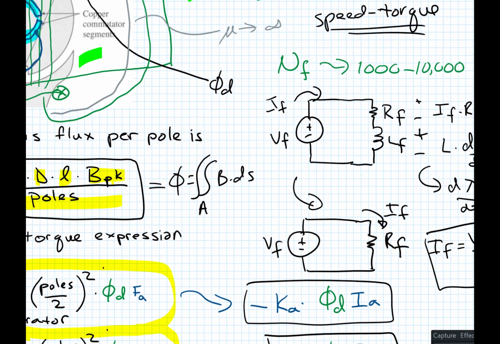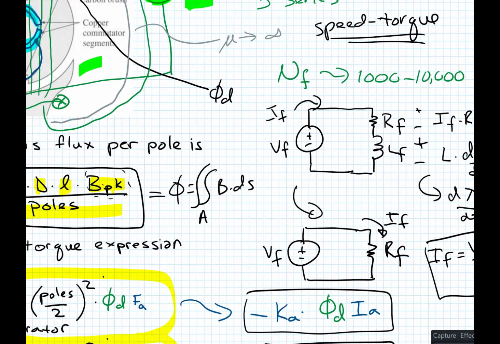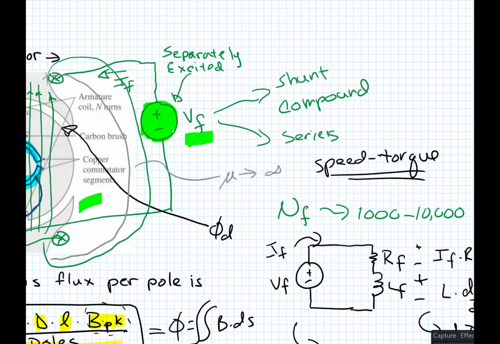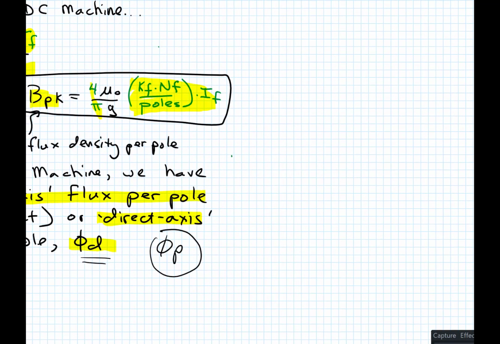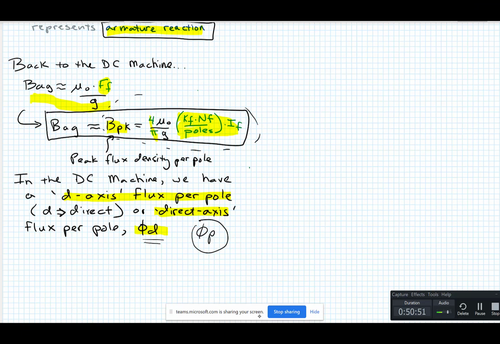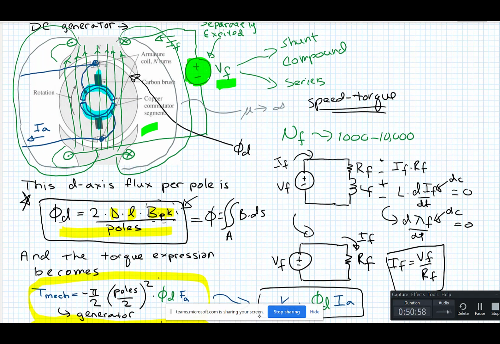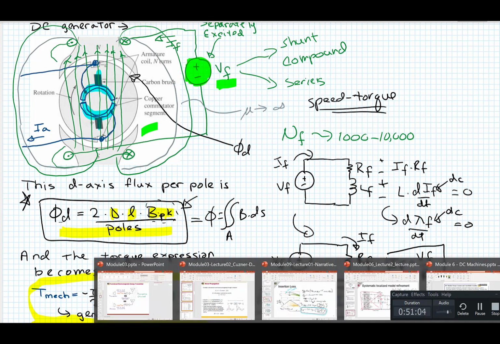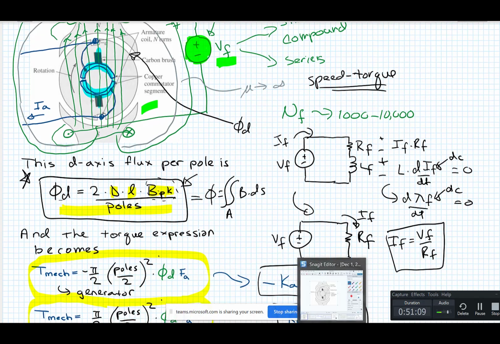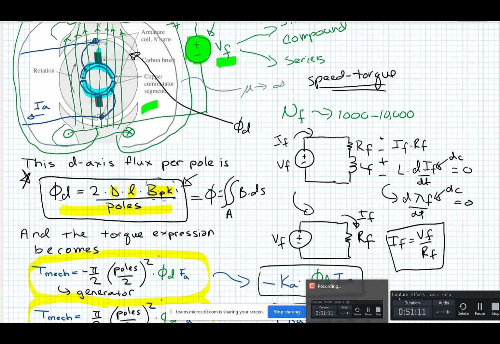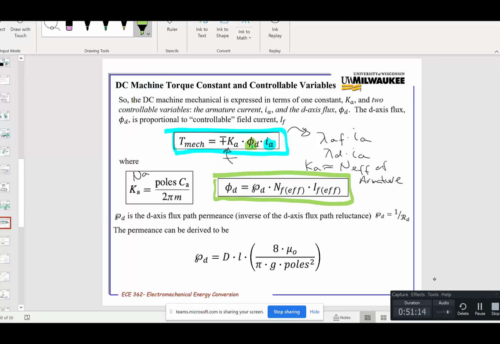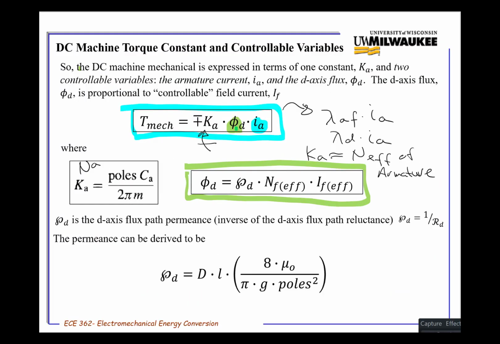We have an expression back here for b peak, which I wrote here, right? It's this expression here in terms of IF. So if you took this and plugged that into here and simplified everything, you would end up with the expression. We actually showed the full expression last period, but it simplifies down into two things.